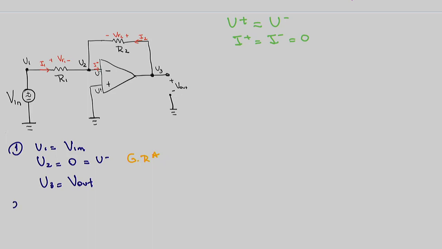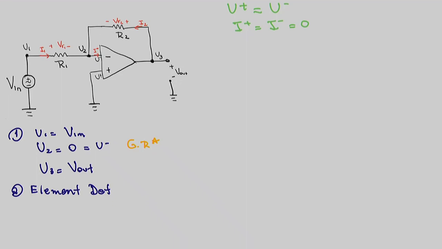Now step 2, what's the next thing we do? Element definitions. Why do we do this? Because that's what gives us the relation between voltage and current, which are our unknowns. We know the resistances. We have two resistors.